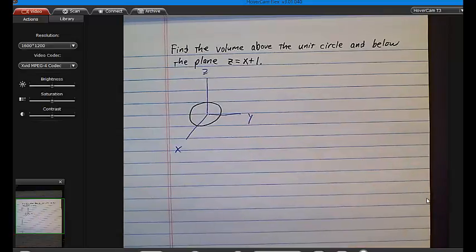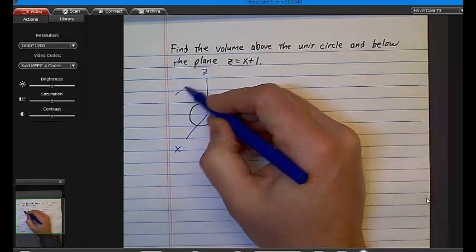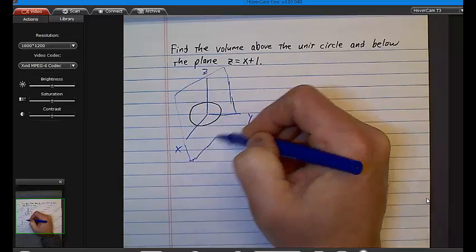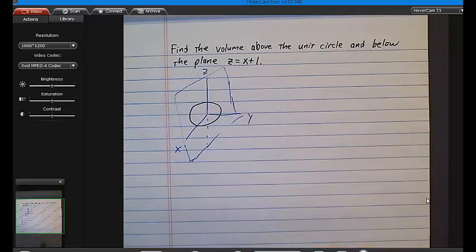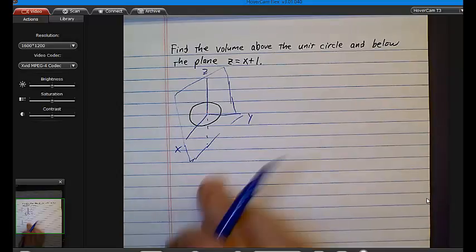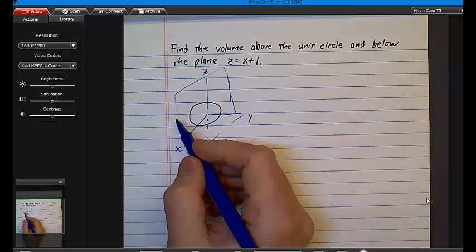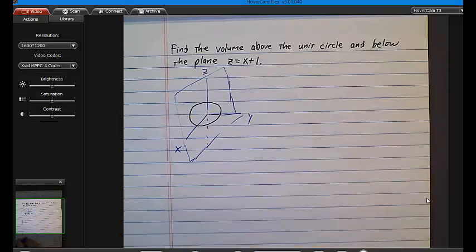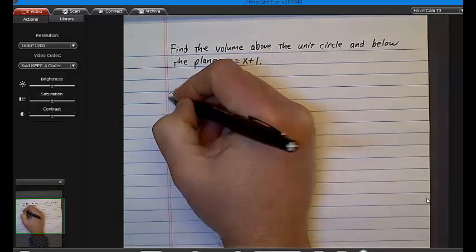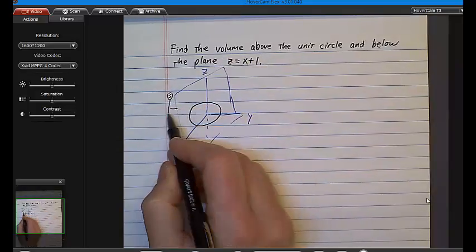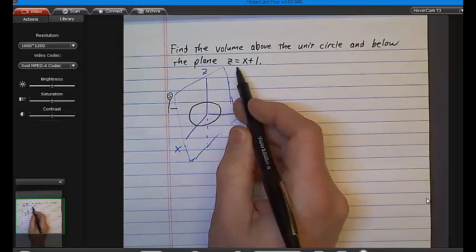So maybe what I should do to think about this is look here in the zx plane. Of course, we're kind of looking at things backwards. You almost have to imagine you're on the other side of this square window I drew, so that this is positive and this is positive. Here's my Calc 3 student back here, looking and drawing z equals x plus 1.